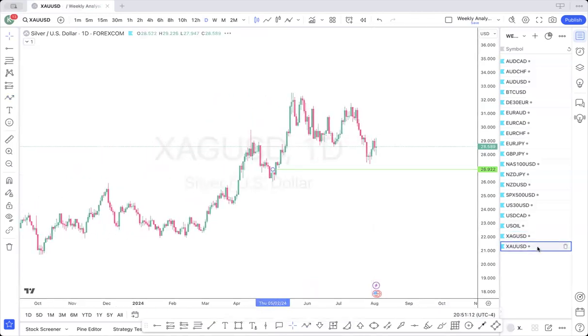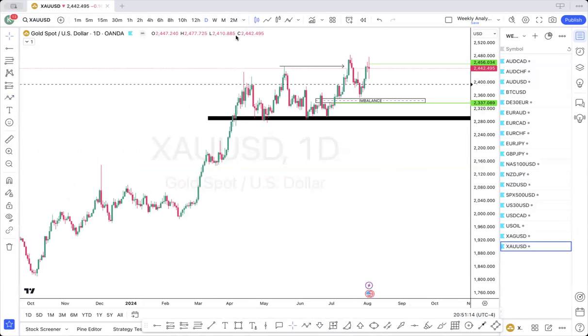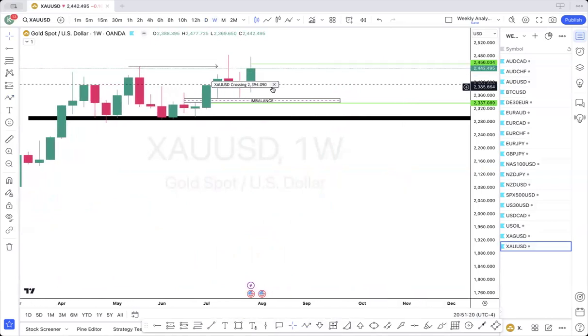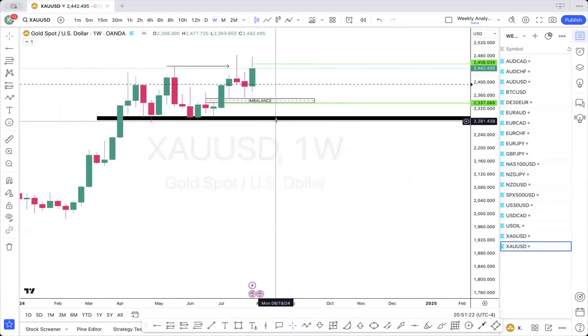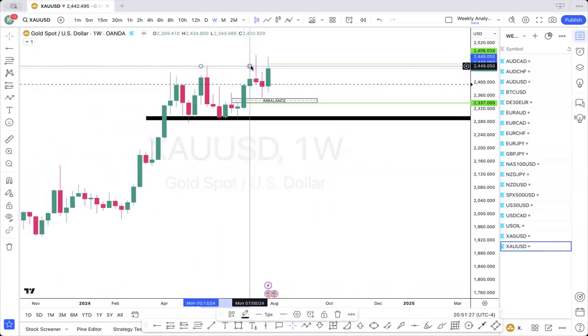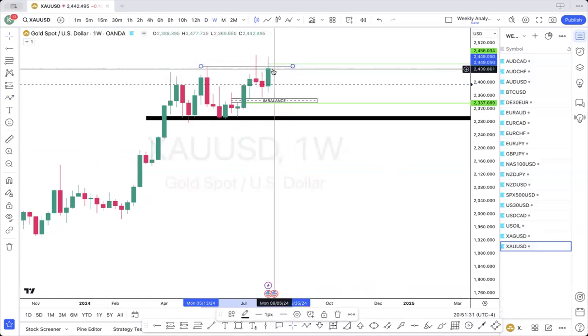All right. Gold. What did I have marked up for gold? There was an imbalance here on gold. Price has wicked these highs. It gave a bullish order block.